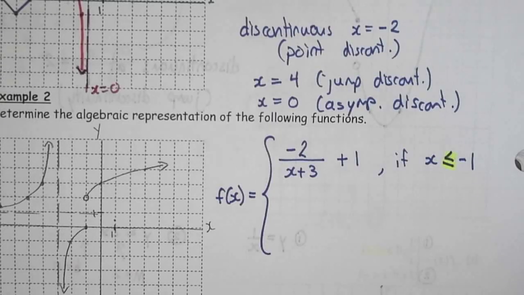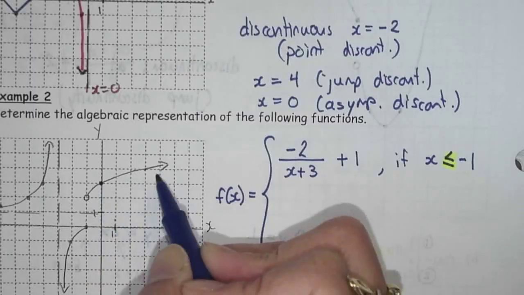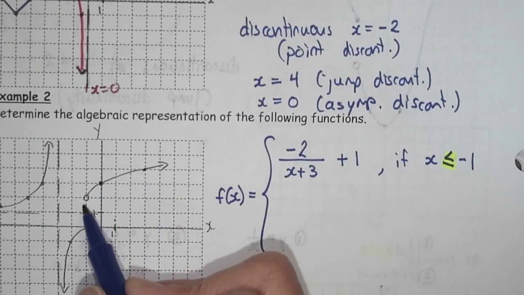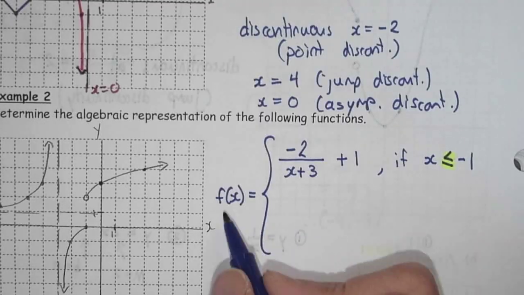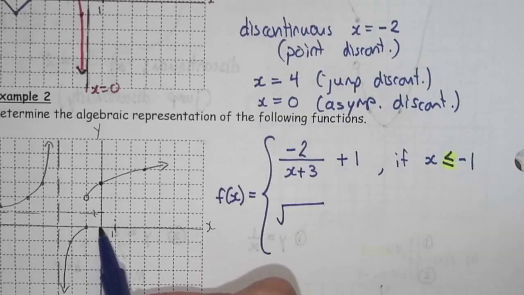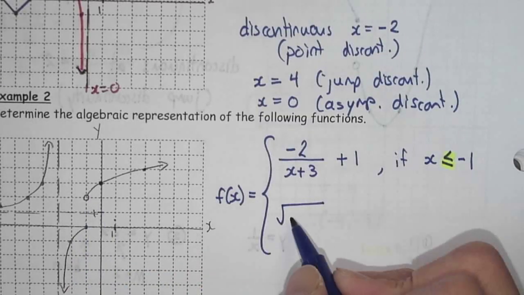For this one, I'm going to give you the equation. It looks like a square root function because I gave you those dots there. So you don't have to write the y equals because it's already there, and it's going to be square root. It's going to be shifted left 1, up 2, right?